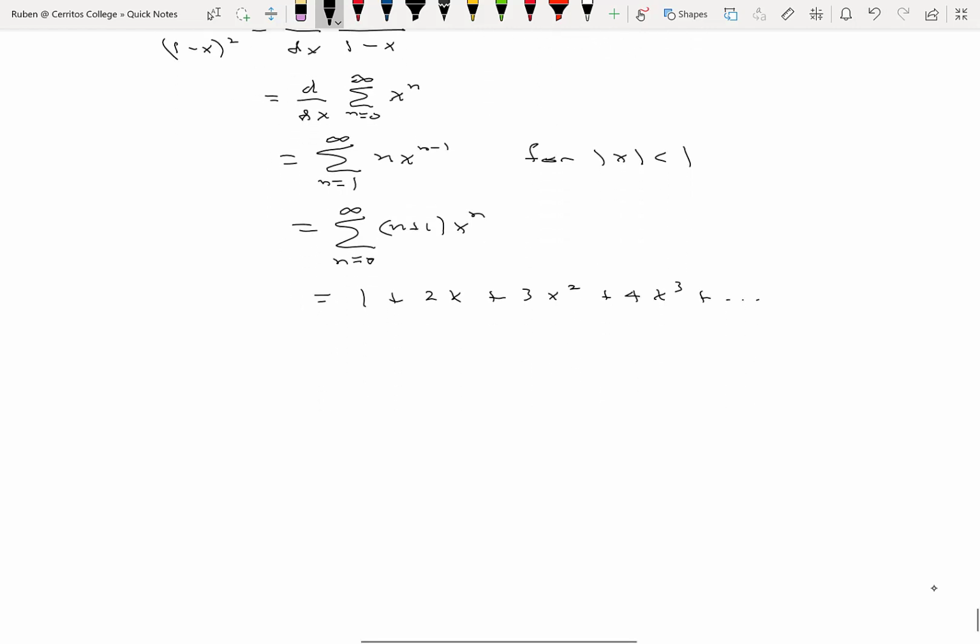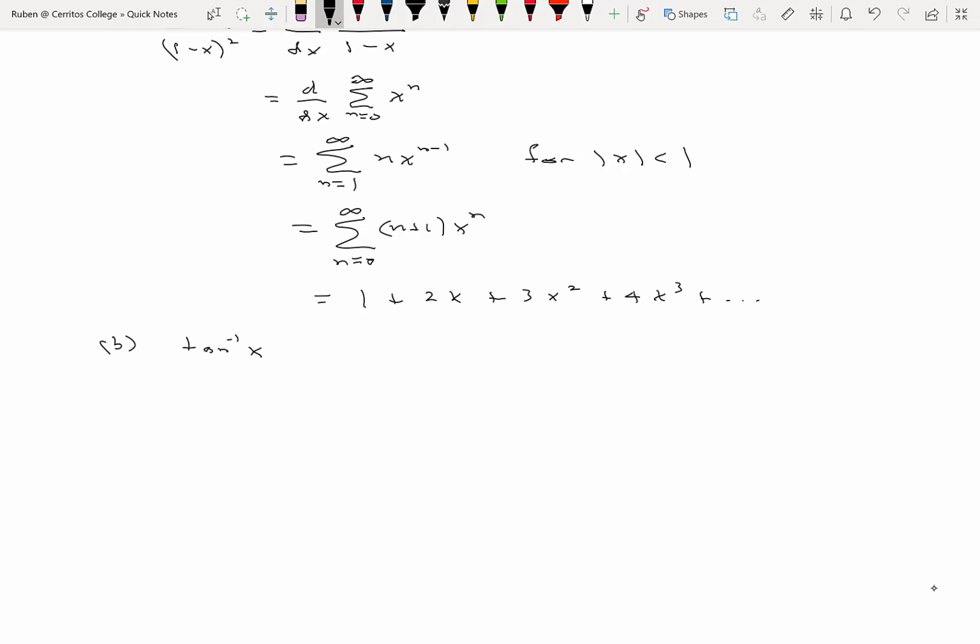Okay, let's look at another one. I want a power series representation for the inverse tangent of x. Now that seems like a tall order. That seems like a very complicated thing to do.